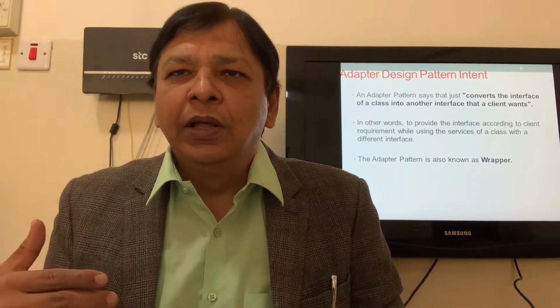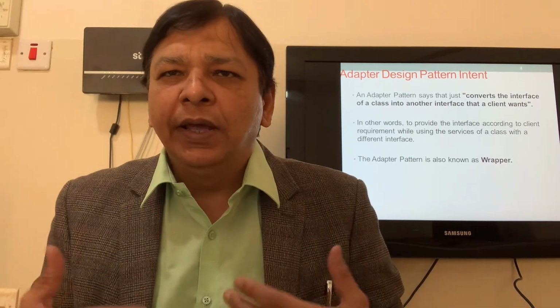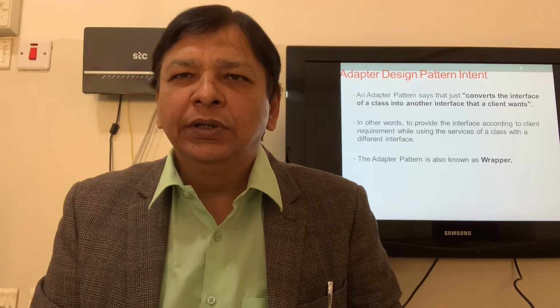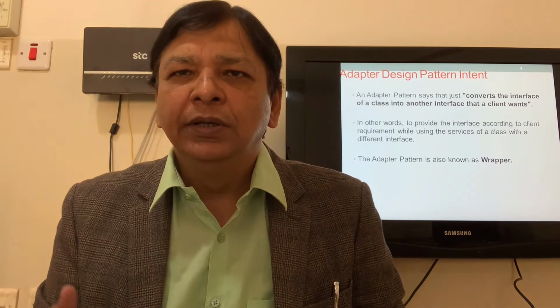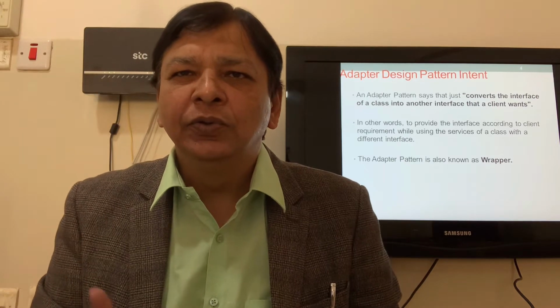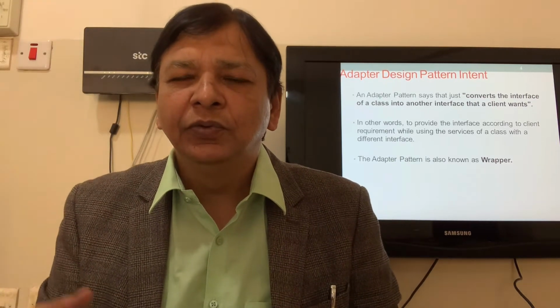In other words, the adapter pattern is like this: we have 110 voltage in the USA, while in the Middle East, Pakistan, and the second and third world countries, we have 110 and 220 both. Like in Pakistan, we have 220.